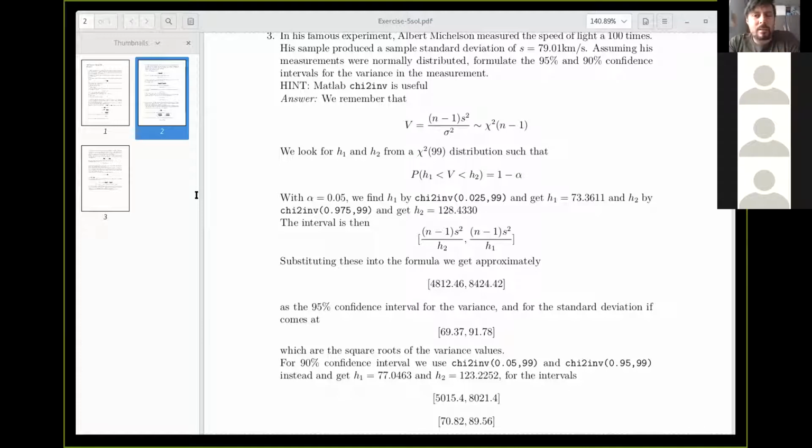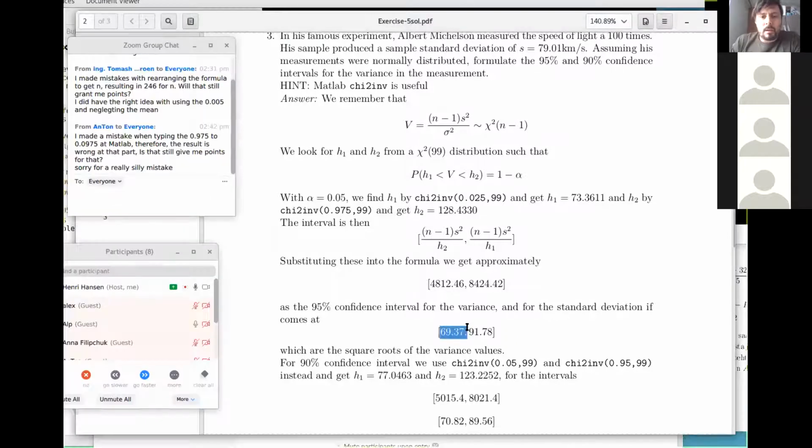Then you would get a really narrow distribution somewhere here in 69. This would be the lower limit, then roughly, or the upper limit would be just a tad bit larger than this, right? You should definitely get a point from this if you use the correct formula.